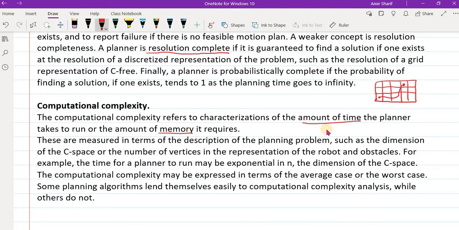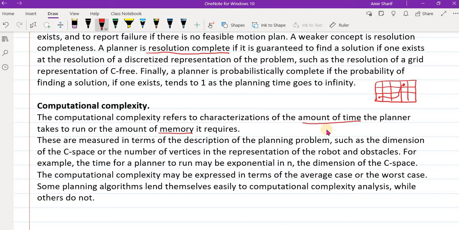These are measured in terms of the description of the planning problem, such as the dimension of the C-space or the number of vertices in the representation of the robot and obstacles. So this complexity depends upon how we describe our planning problem. We can make it much simpler, and we can also add more details to make it more complex.